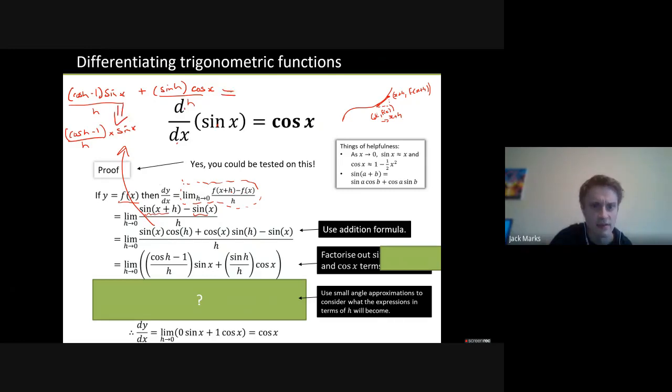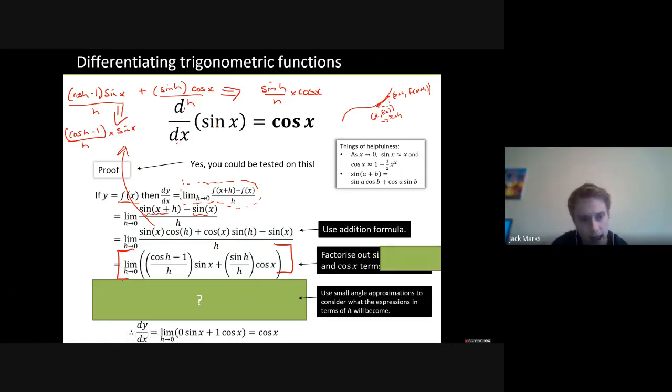You could do the same for this other one over here. So you could sort of break it up, attach the h to the sine h only. As long as it was multiplied by cos of x, that would take you back, wouldn't it? So that's how we get this line of working out here. Okay, so we can use the addition formula, some clever sort of factorizing, a few tricks with rewriting fractions.